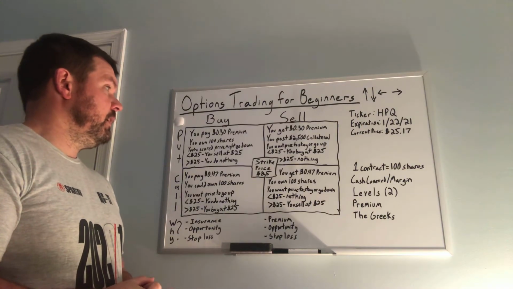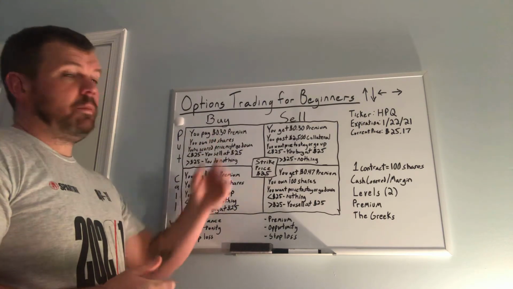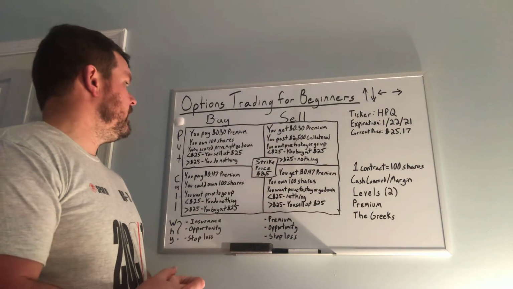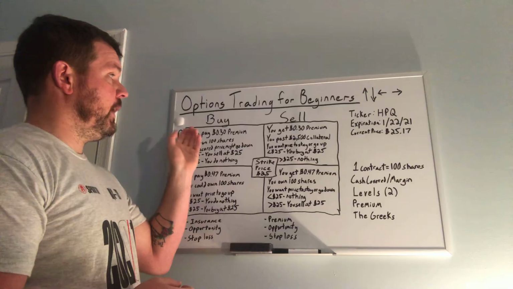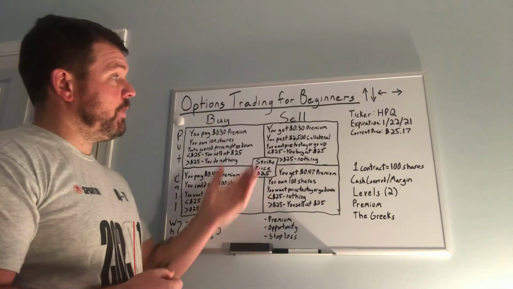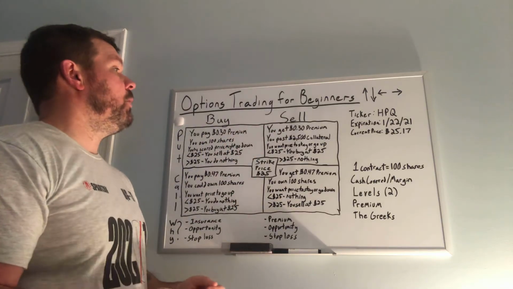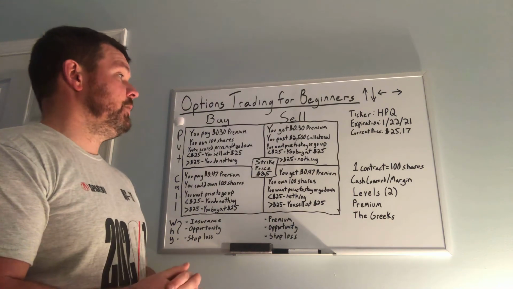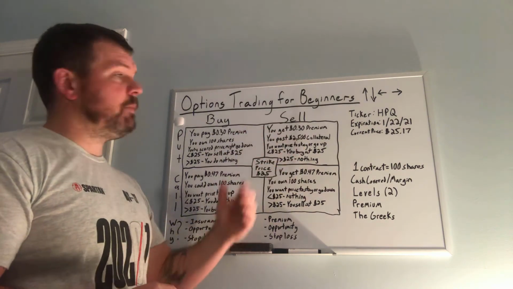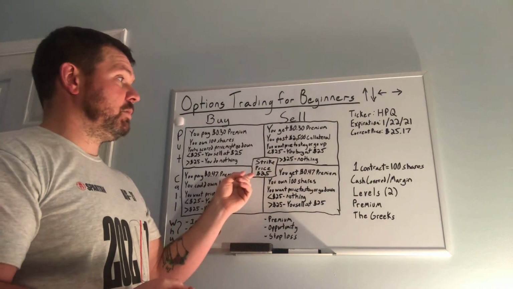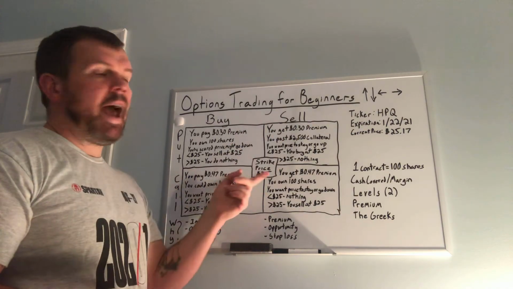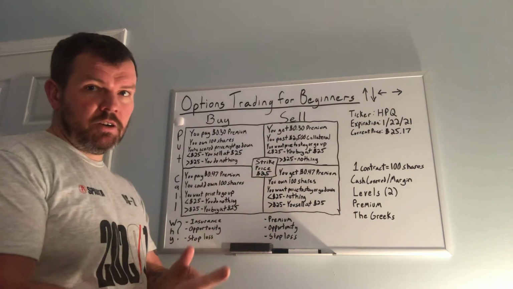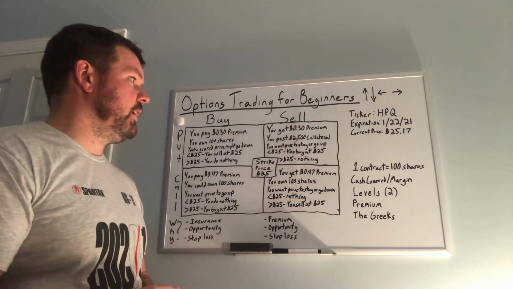Now, that explains buying. Now let's talk about selling. So selling a put. Similar here, the buyer's paying out the premium. Who's getting that premium? The seller's getting that premium. Why are they getting that premium? Because they're saying they're willing to buy this stock at the strike price by that date. So they have to post the collateral. That collateral is 25 times 100 shares, 2,500 in collateral.